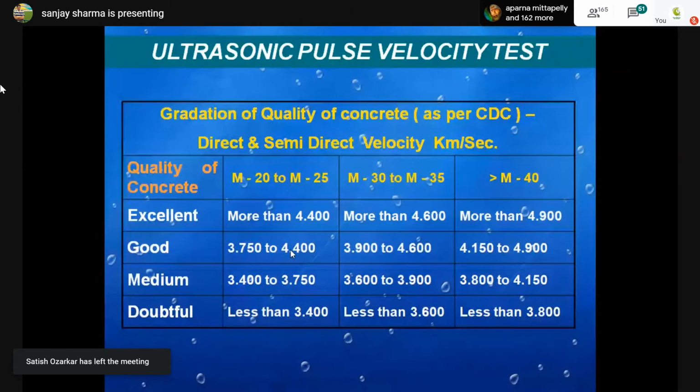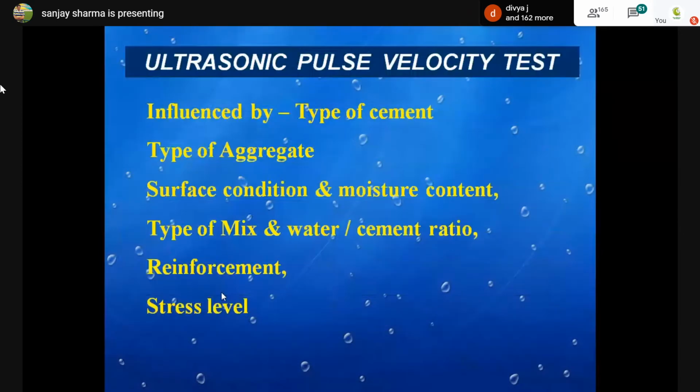For many structures we have carried out, we have found that if the strength is more than M40, velocities up to 5,000 km also have been achieved. But this is not as per the code; it is only as per data available in some research papers.